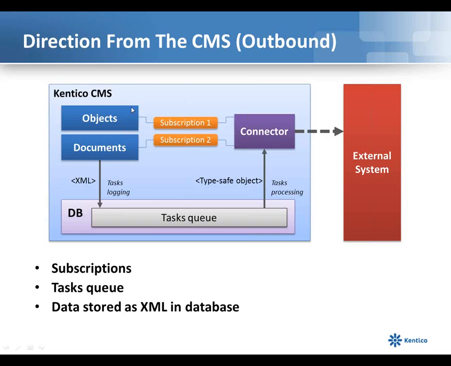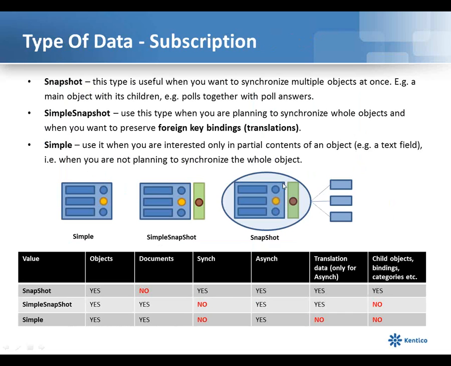So whether the whole object should fall in with all of its child objects and an option to translate my foreign keys, or whether only the object itself, without an option to translate the foreign keys, will fall down into the connector, or this simple snapshot is a type of object which allows me to do translation.